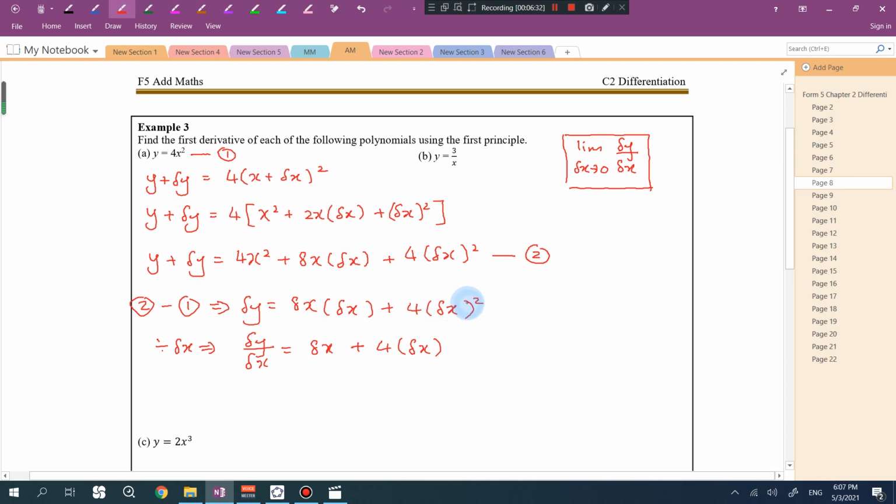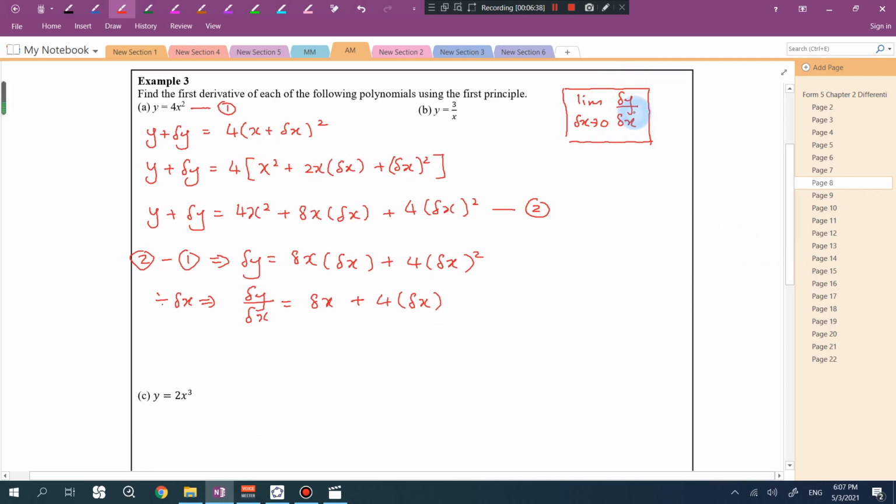Here is delta x squared divided by delta x, you will only be left with delta x to the power 1. Okay, now we got this. The next thing, we want to add this to both sides: the limit of delta y over delta x as delta x approaches 0. So whatever we do for the left hand side, we do exactly the same thing for the right hand side.